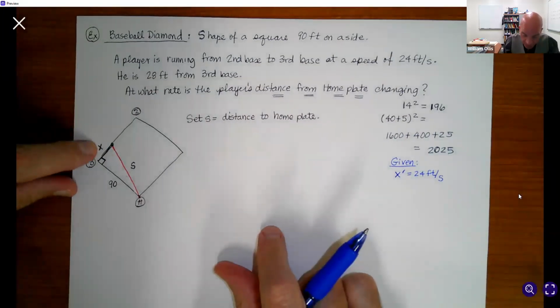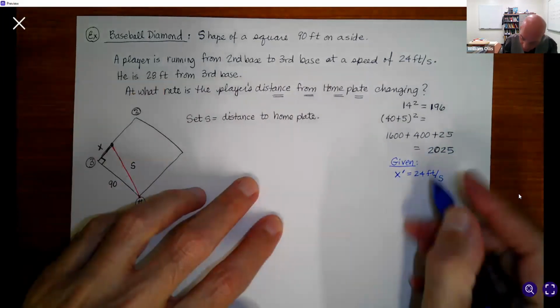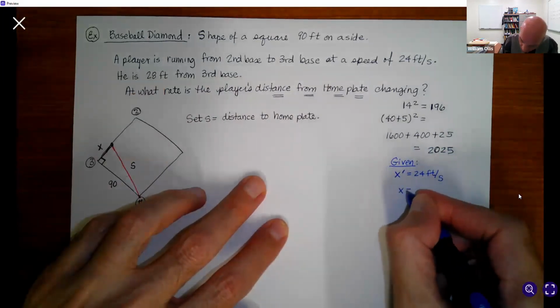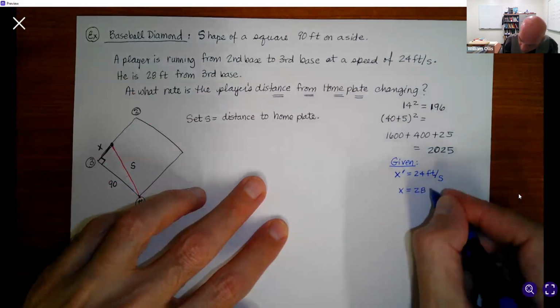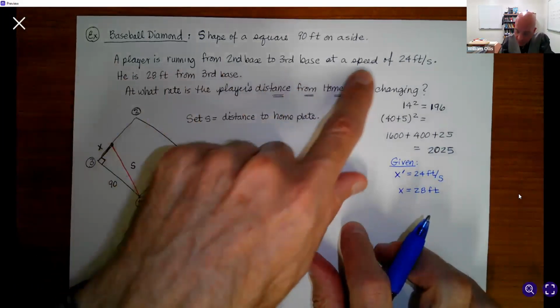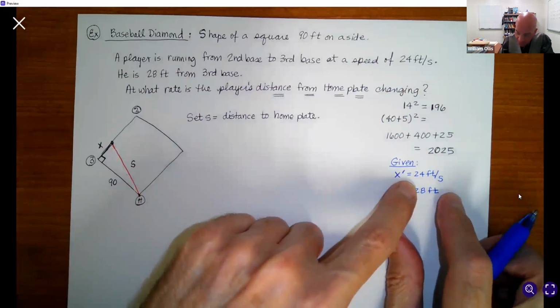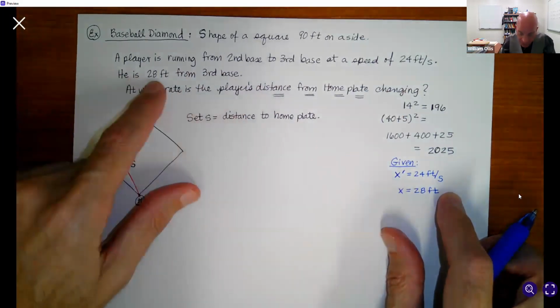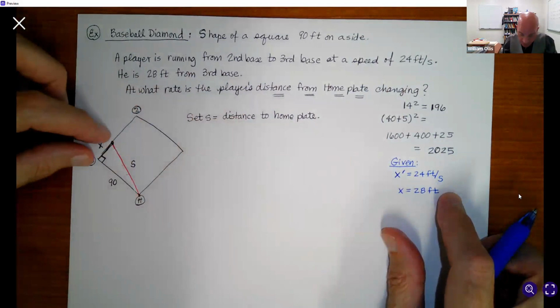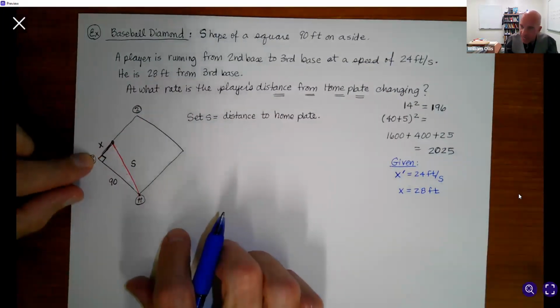And I've noted the X here, when in this particular case, X equals 28 feet. So that's going to be the snapshot. So a player is running from second base to third base at this speed, 24 feet per second. That's what X prime will be. And he is 28 feet from third base. Okay, so we're thinking of this as a snapshot.